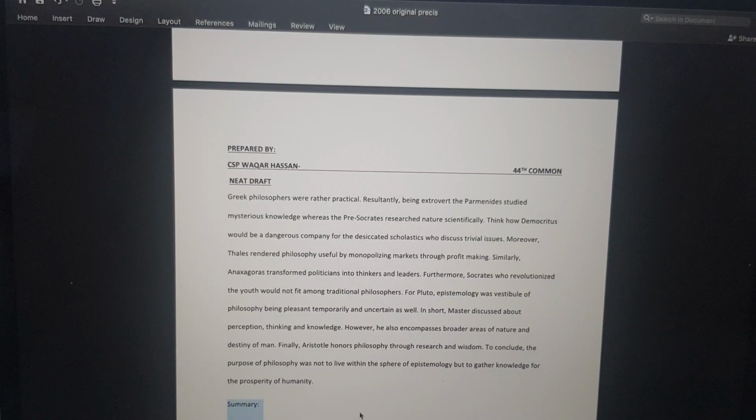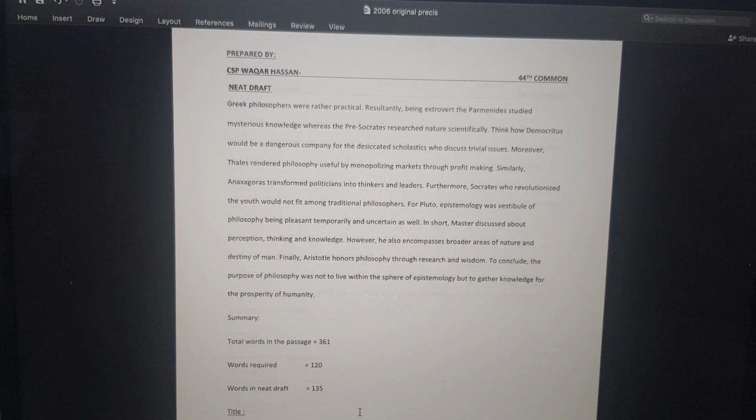And in summary, you have to write total words in the passage, words required 120, and words in neat draft. Count each and every word in the neat draft, and then mention it here. And after that, give the title of the précis. So this is a three-pager process. First, points for the précis, then the rough draft, and after that you have to write the neat draft.